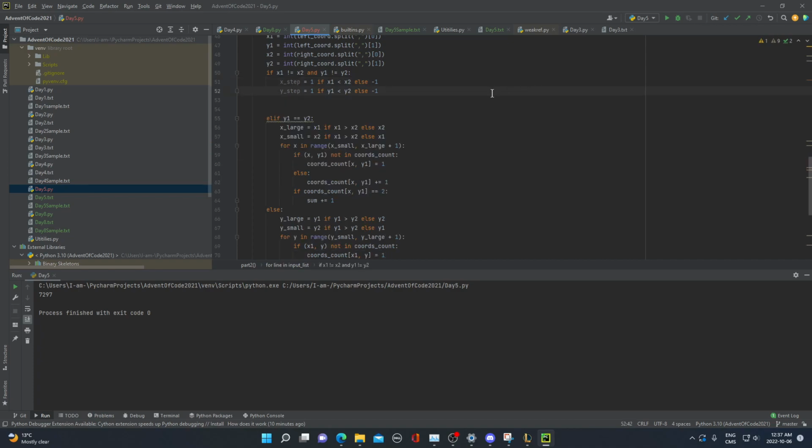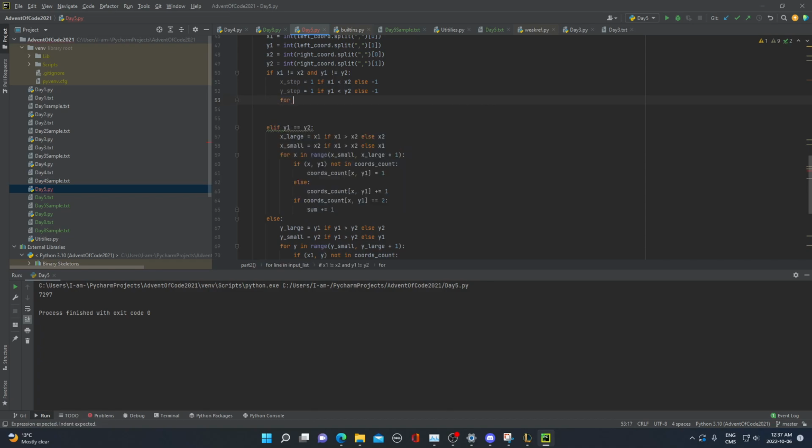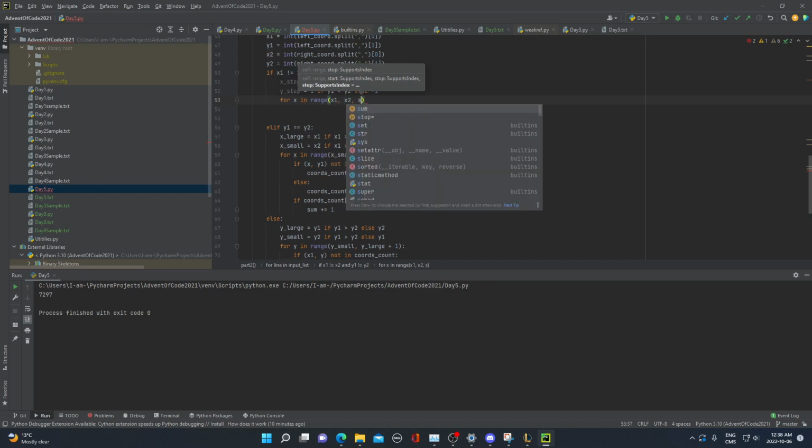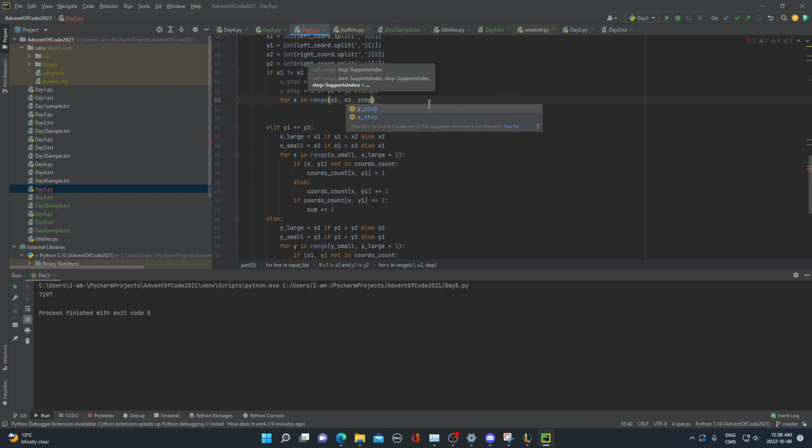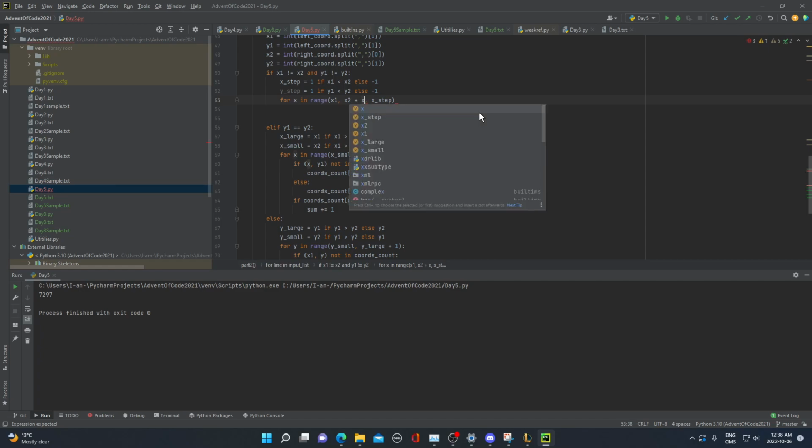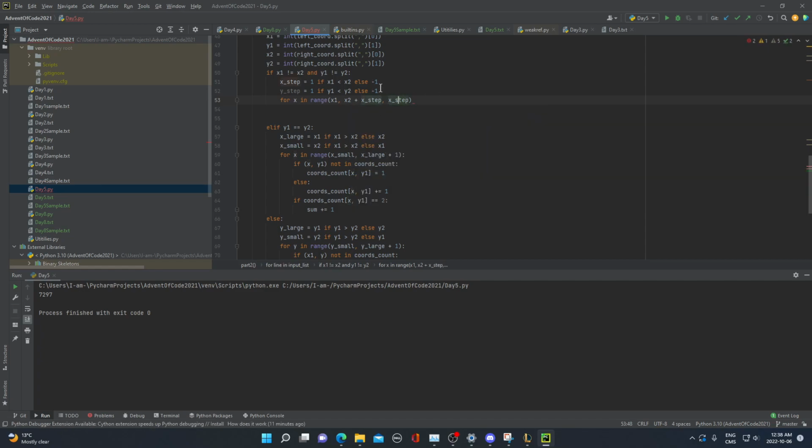Great. So we're going to have two for loops. For x in range x1, x2 plus x step, with the step x step. Because we're going positive, then you add 1.